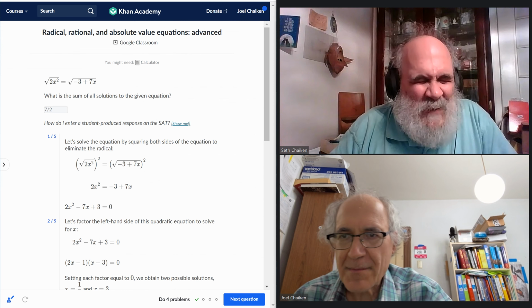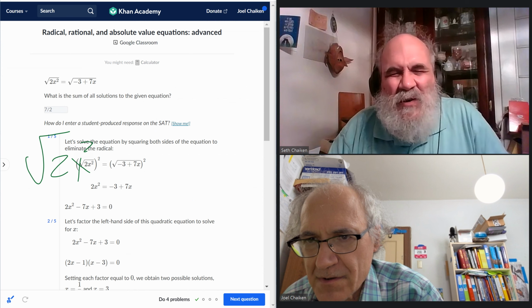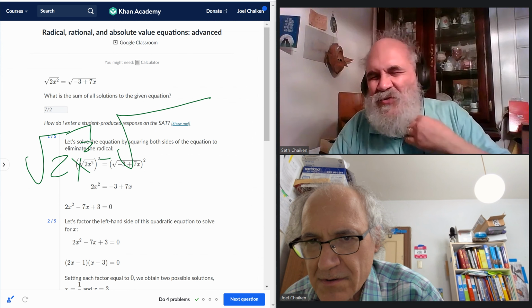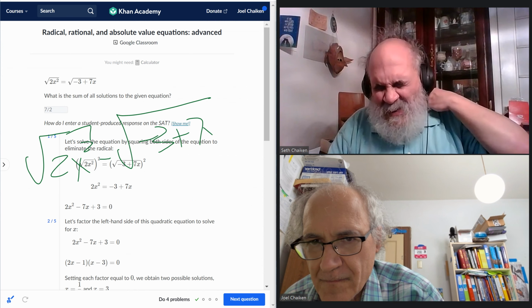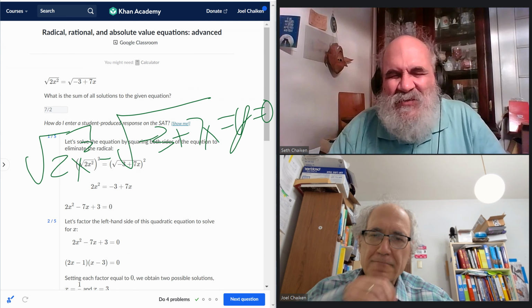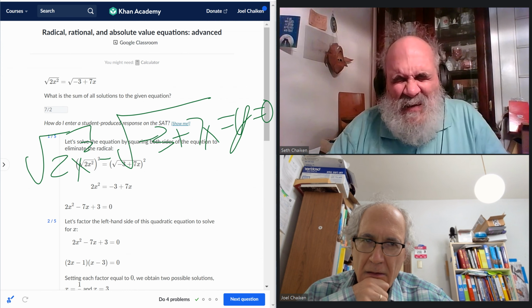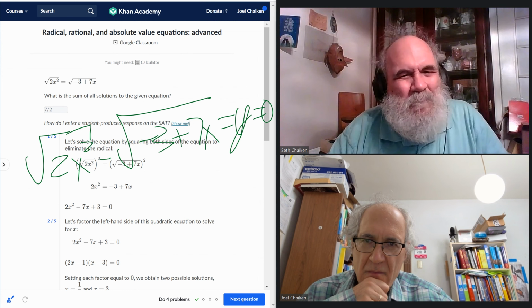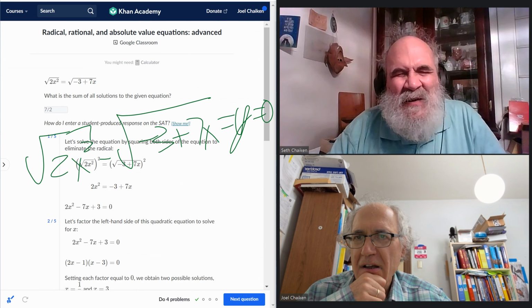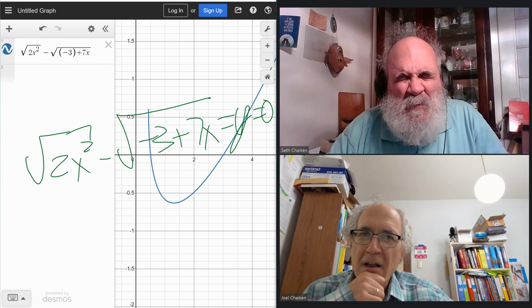But it's also instructive to graph the two sides separately, and you'll see the square root, the sideways parabola, the sideways split parabola for the square root.